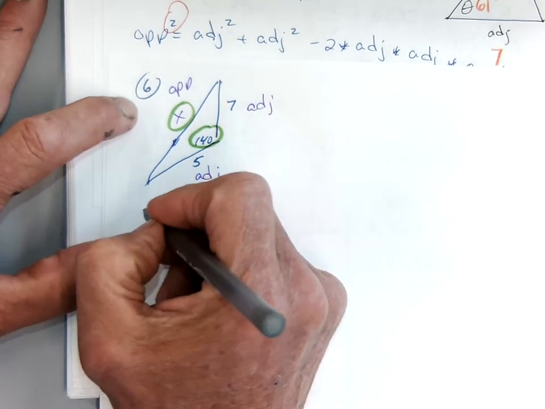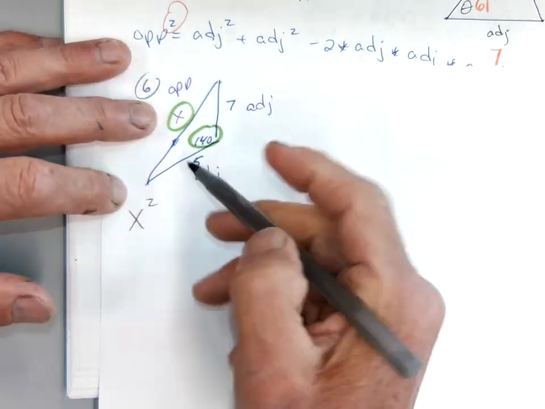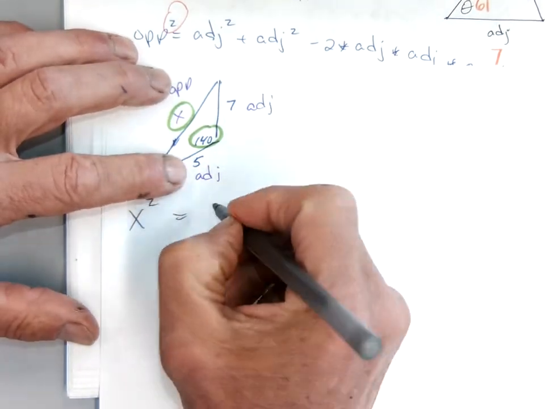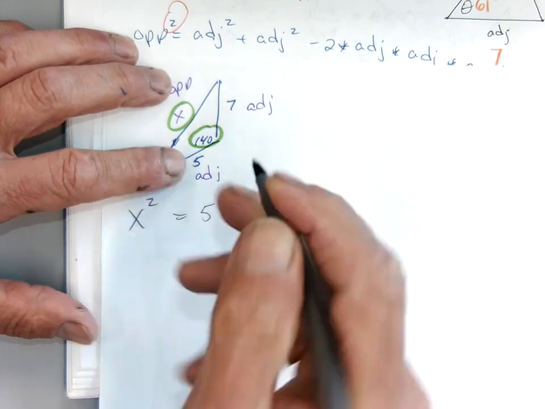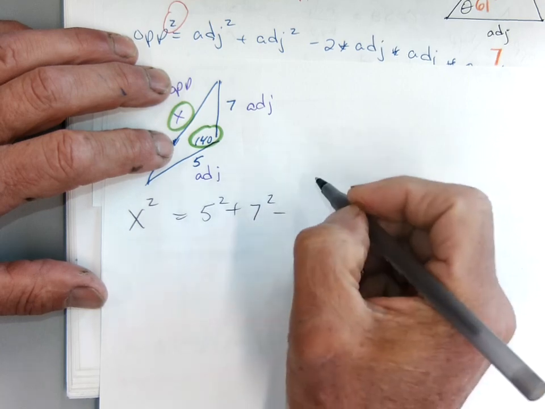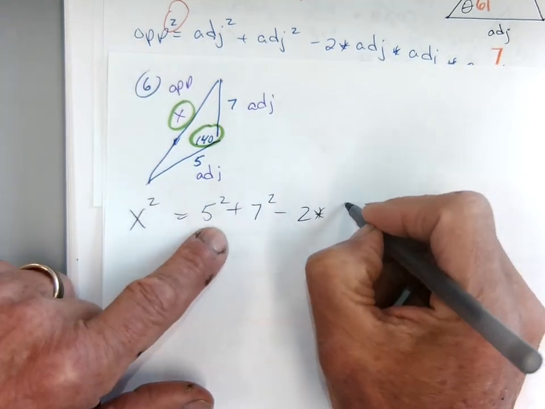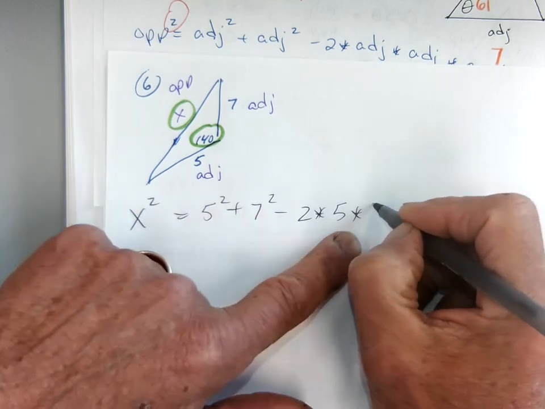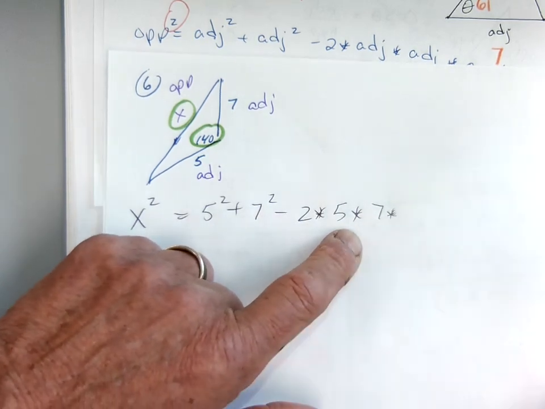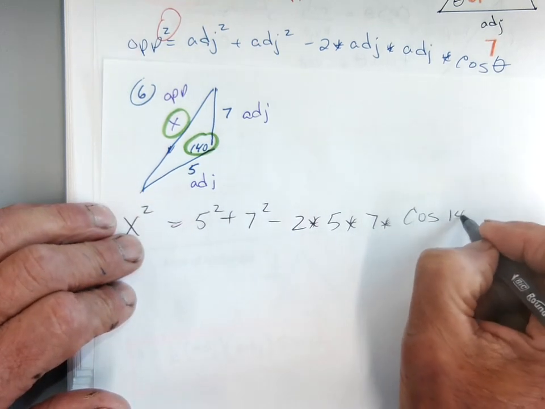So I'm going to go x squared equals my adjacent squared, 5 squared, plus my other adjacent squared, 7 squared, minus 2 times my adjacent times my other adjacent times the cosine of my angle, okay?